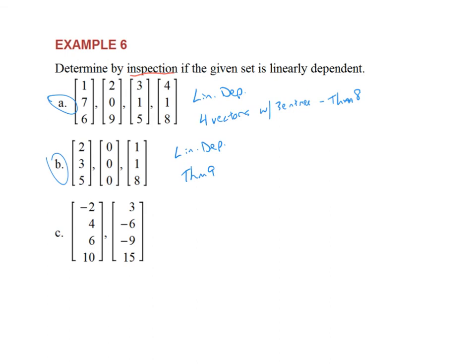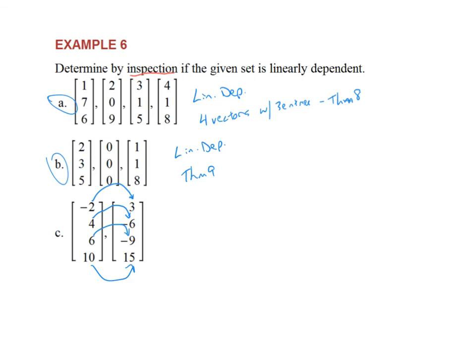Letter C, take a look at it for a minute. It almost looks like the second one scales the first one to go from a 2 to a 3, multiply by 3 halves, but it's -3 halves. This one, -3 halves, gives me that number. This one, -3 halves, gives me that number. That one, -3 halves, comes oh so close to that number, but not quite there.